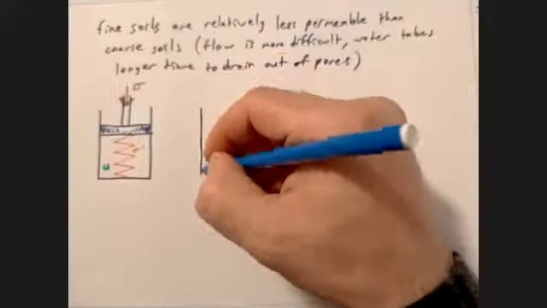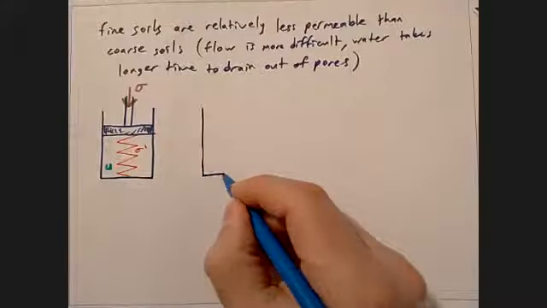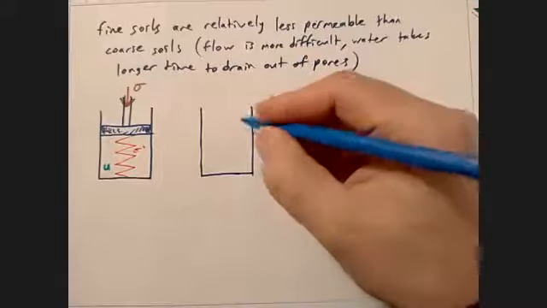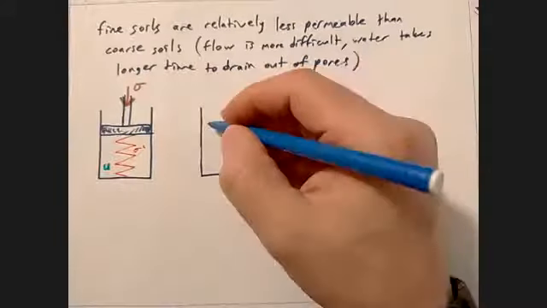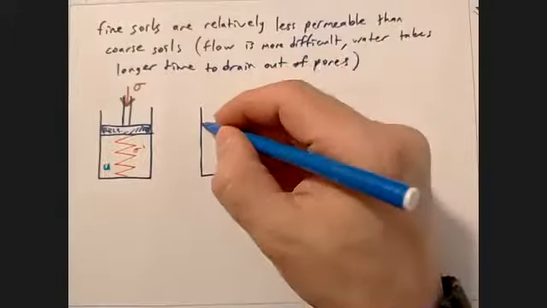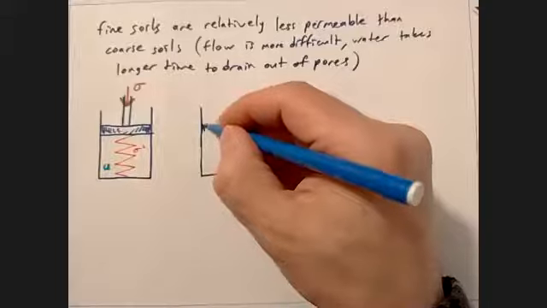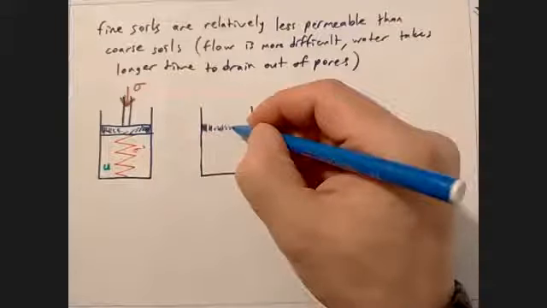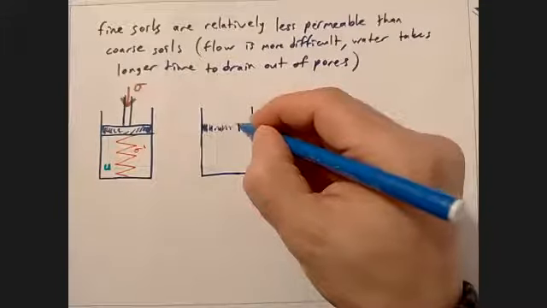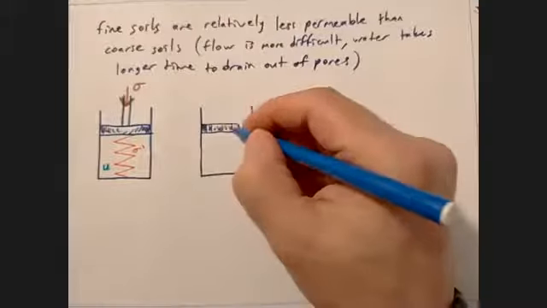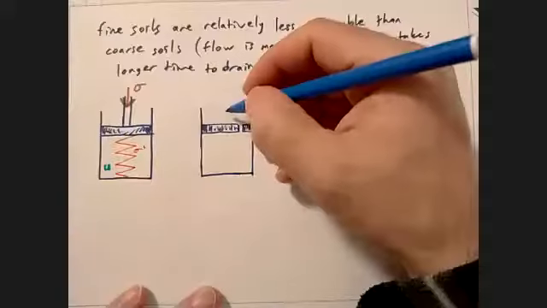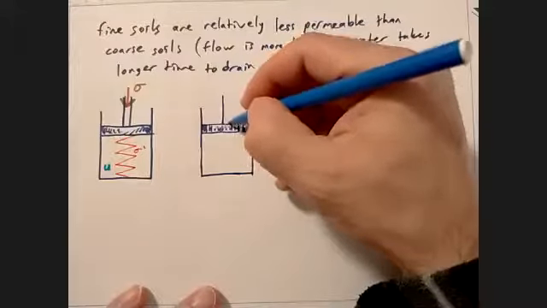Now I'm going to put another piston. This time it's the same thing, but with one exception. The exception is that my piston has a hole. So again, it is the same piston, everything is the same.